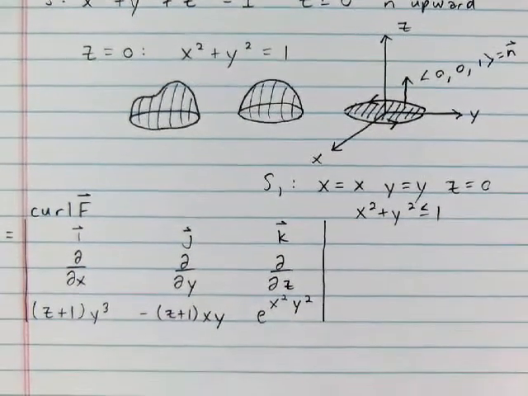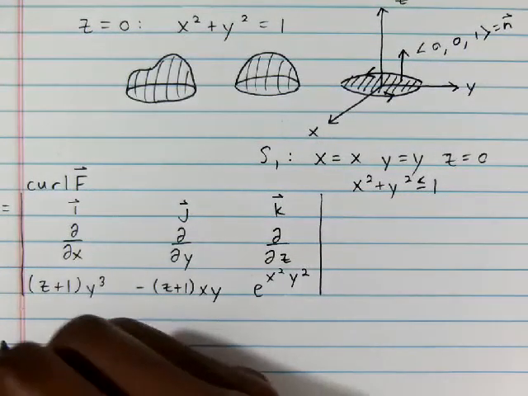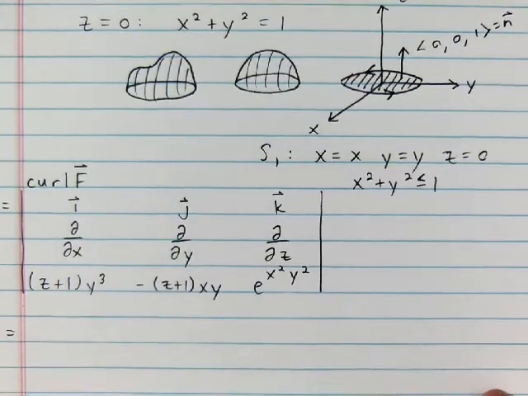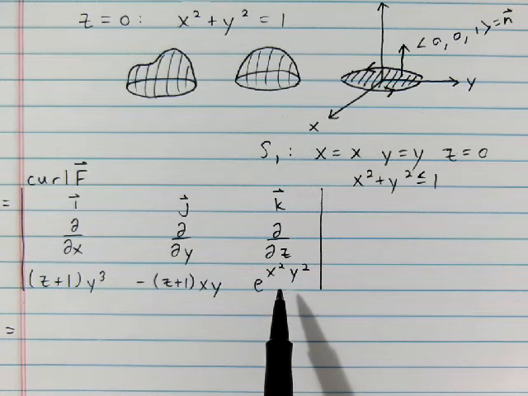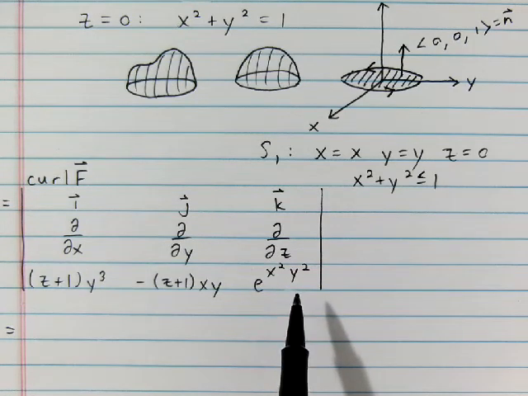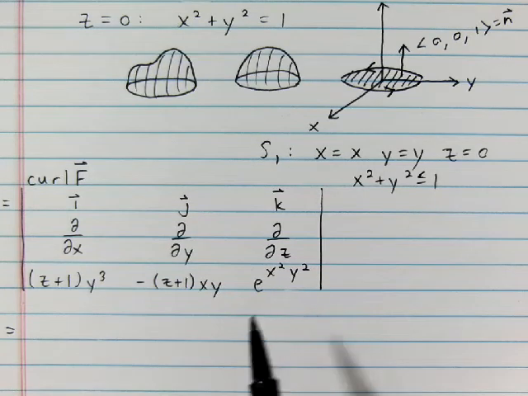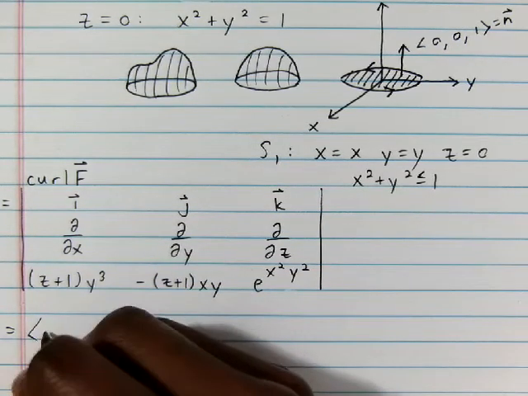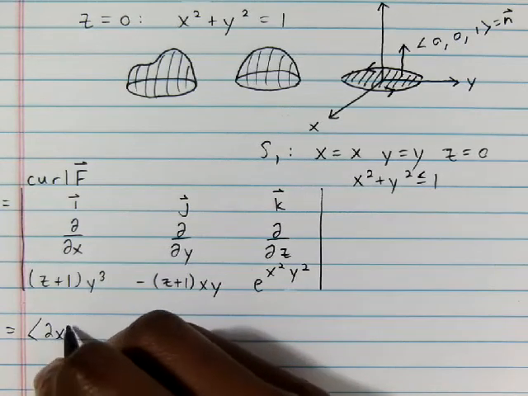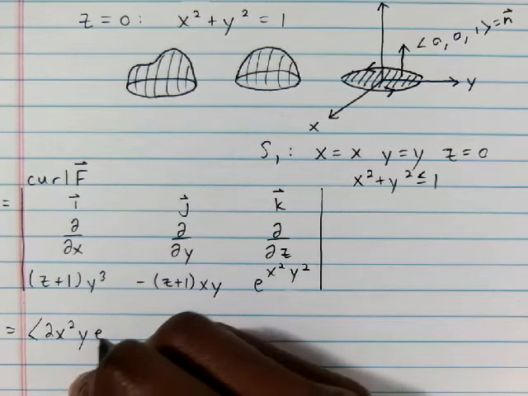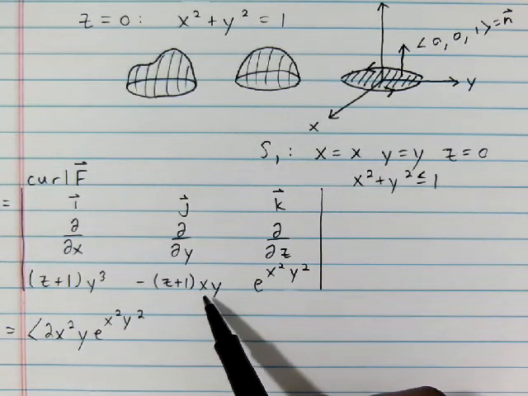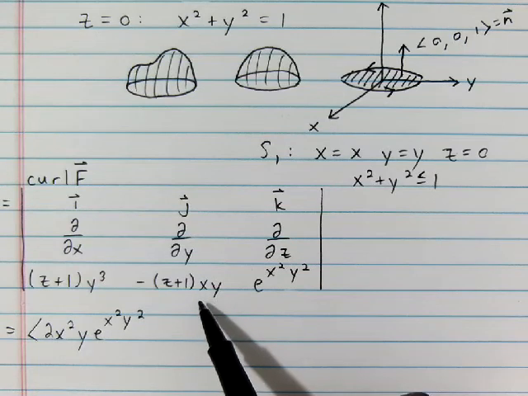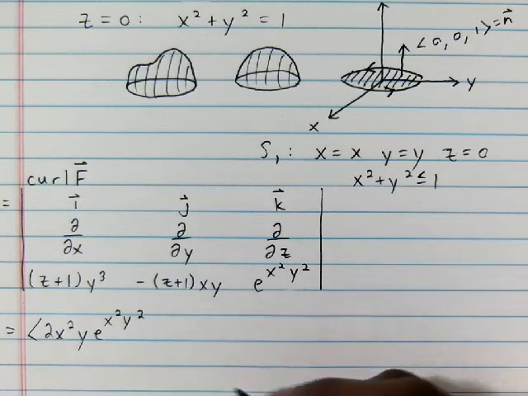All right, here we are going to get, let's see, the partial of this with respect to y, so we're going to get 2x squared y e to the x squared y squared, then minus the partial of this with respect to z, which is just going to give us negative xy, so plus xy.